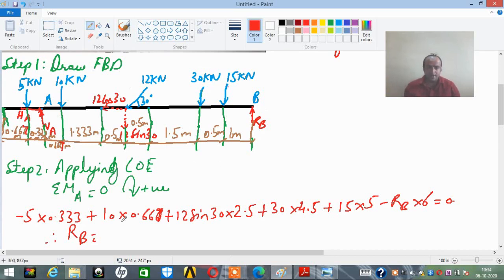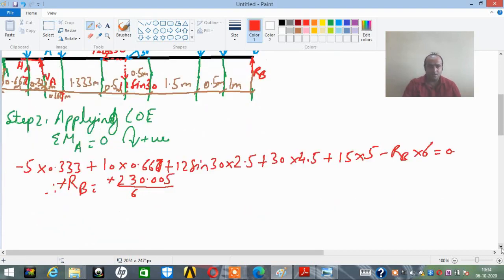So I will be writing it as minus of 230.005 divided by minus of RB is already there, divided by 6. So this minus gets cancelled out.